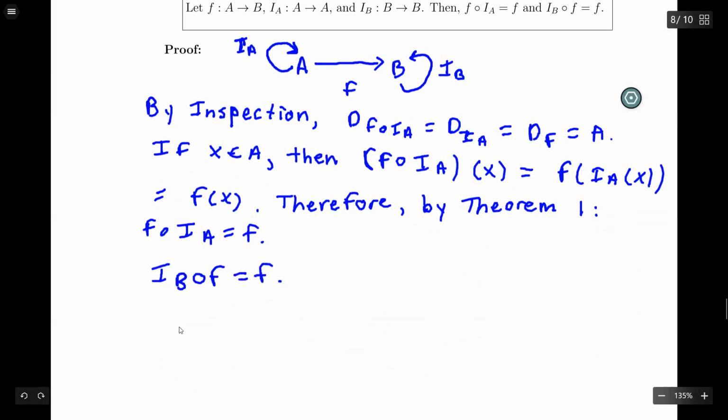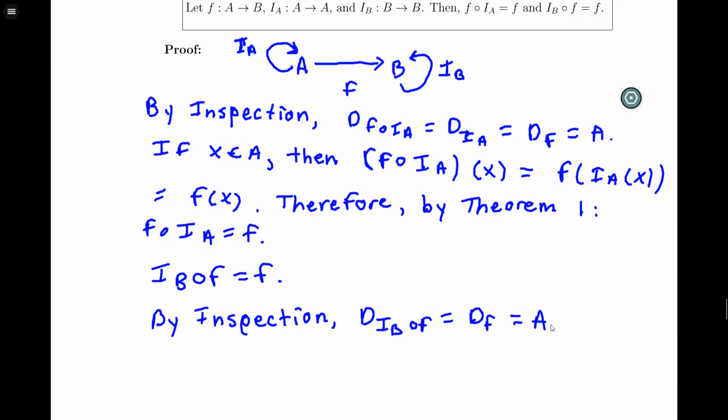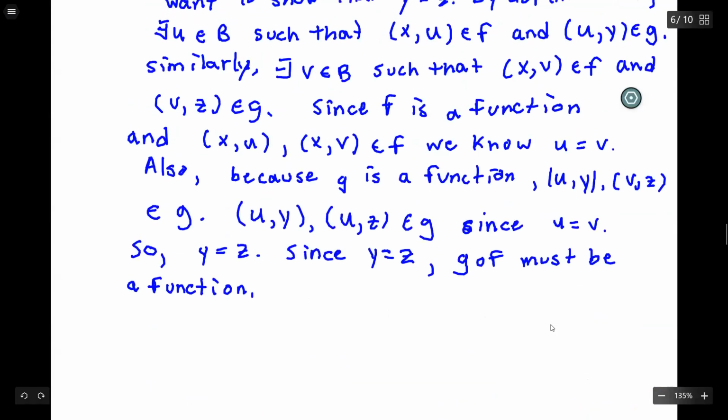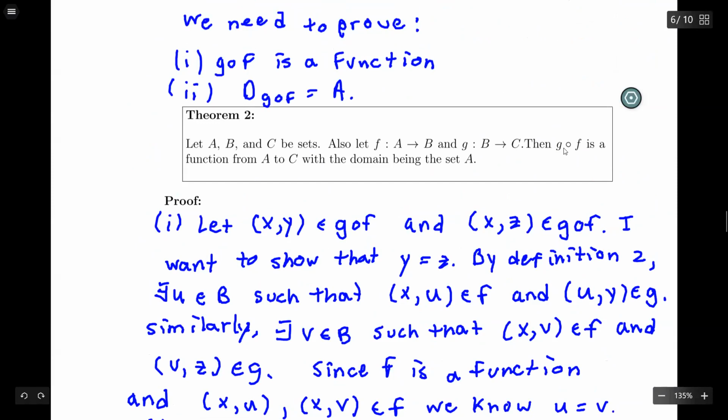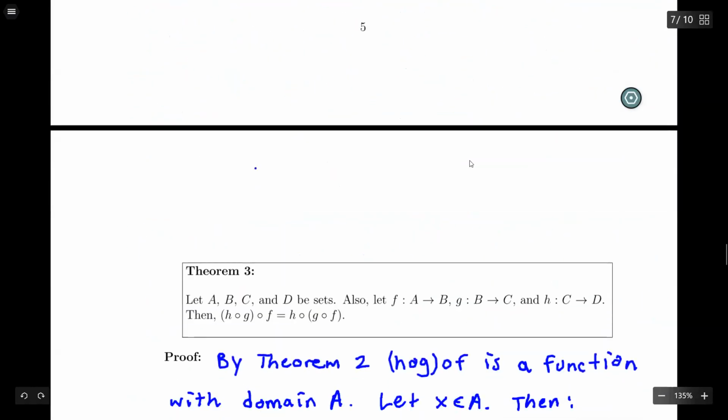It's done in a very similar way. I'm going to say, by inspection, the domain of I sub B compose f is equal to the domain of f, which is equal to A. Here I'm deducing that it's equal to A by the theorem we just proved, saying that if you have g compose f, the function maps A to C with the domain being set A. That's a similar argument here.